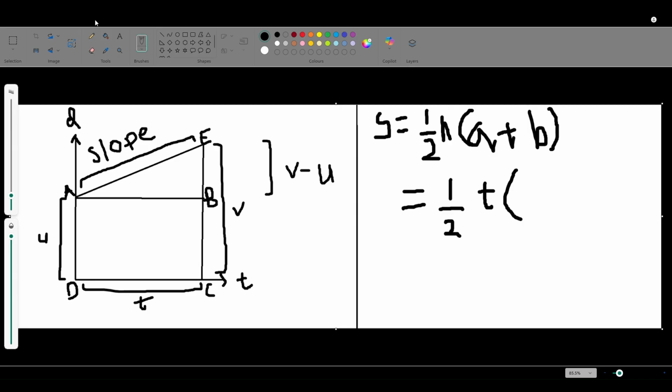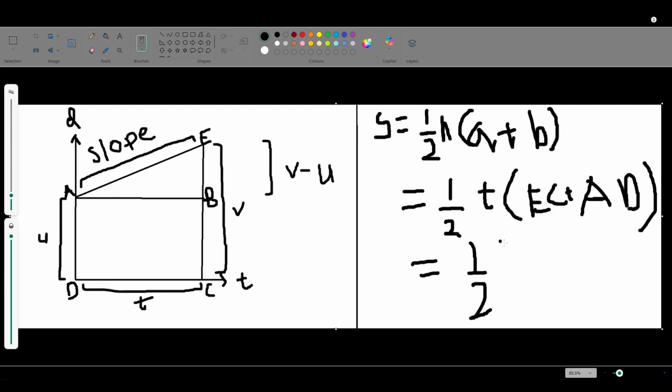So we can write them as EC plus AD. And what is the value of EC and what is the value of AD? 1 by 2 t. EC's value is V plus, and as you can see, AD's value is U.